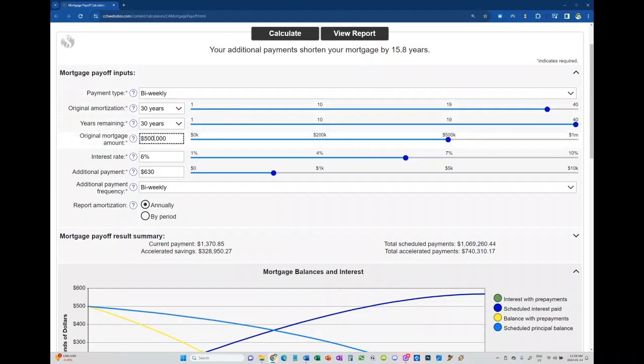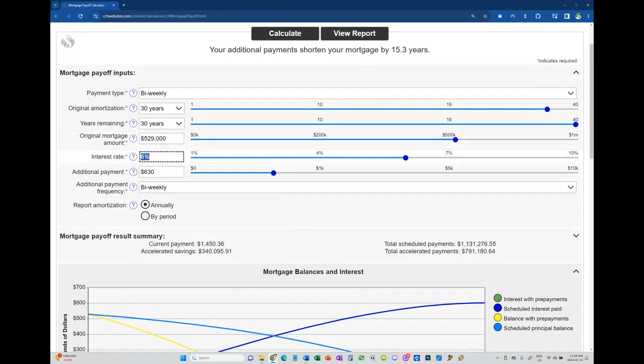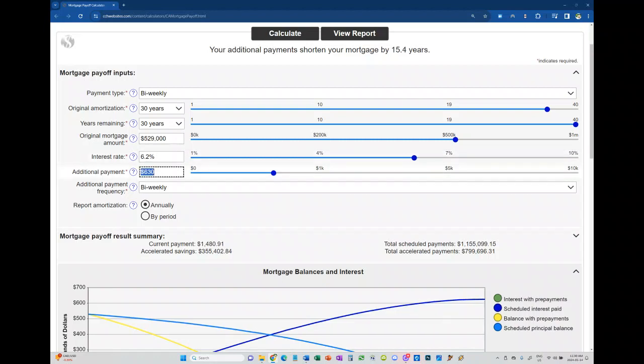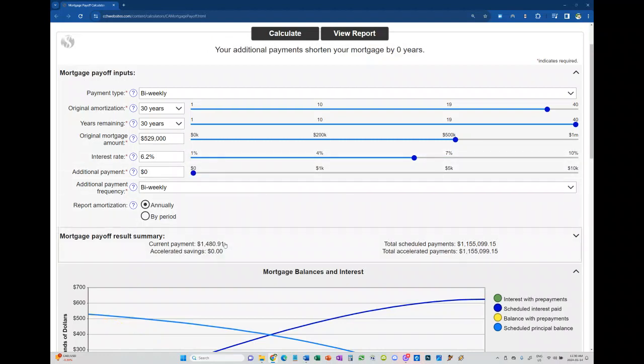Now we're doing a $529,000 house. The interest rate now is 6.2%. And we're going to make 0 additional payment to just figure out what our minimal payments required would be. So this will take 30 years to pay off, and those payments will be $1,480.91.